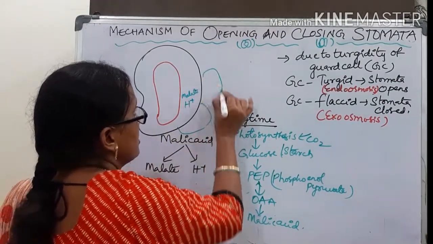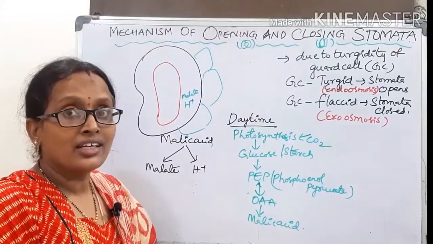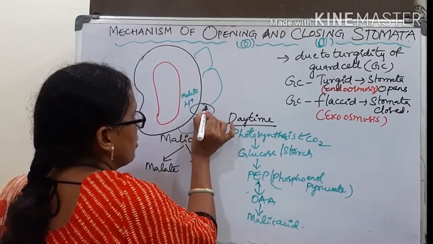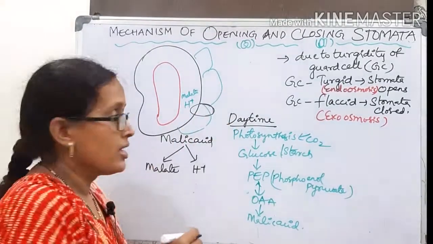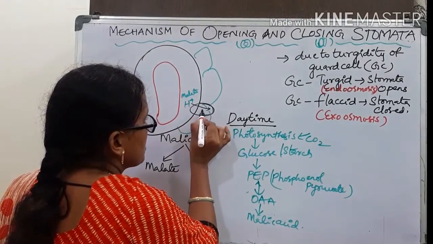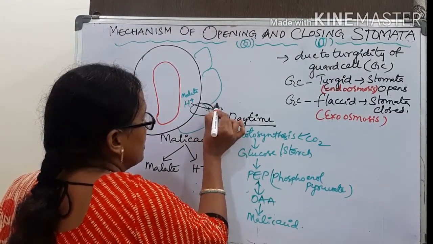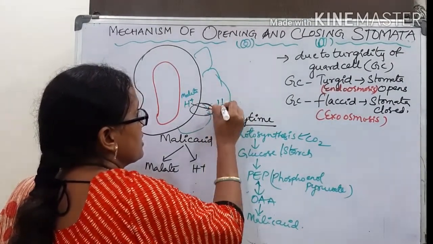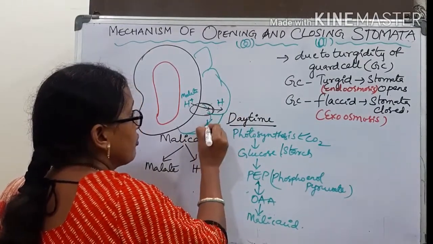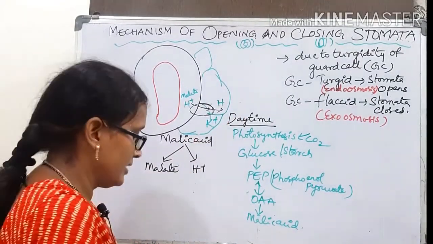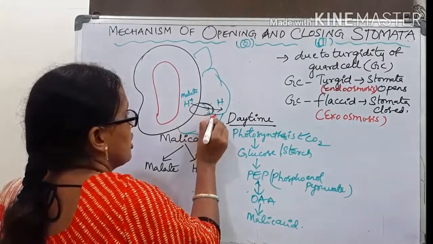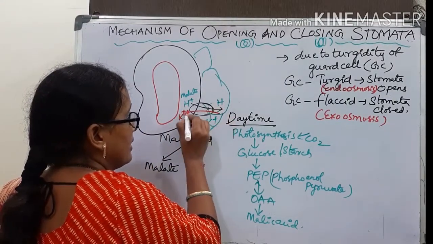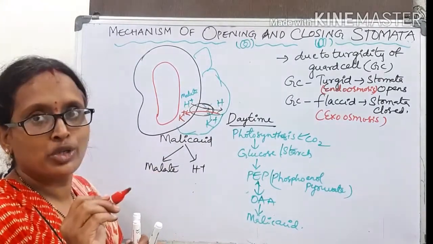These H plus ions are actively sent through protein channels into the subsidiary cells, and at the same time from the subsidiary cells the guard cell takes in potassium ions. So potassium ions are pumped inside and H plus ions are pumped into the subsidiary cells.